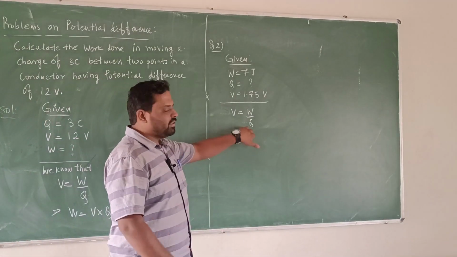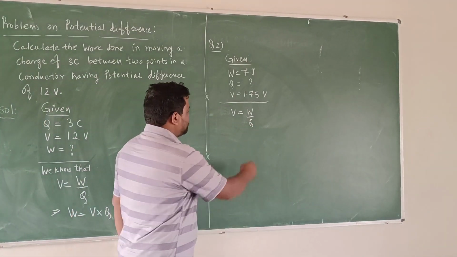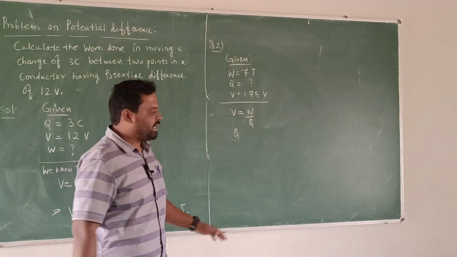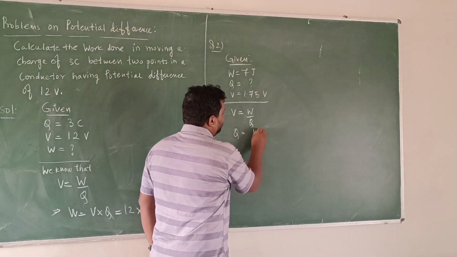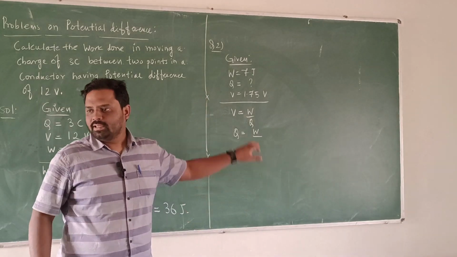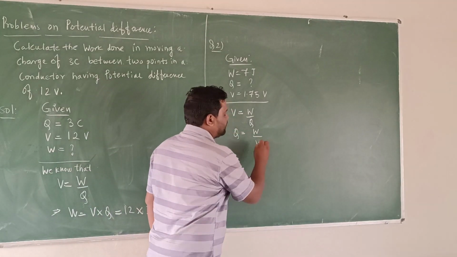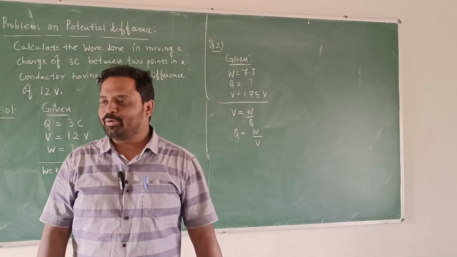So what is the unknown thing? Q. I want to find Q, so I will bring it to the LHS. Left hand side is Q, W stays where it is, and the potential difference comes to the denominator. Don't multiply directly without even thinking.